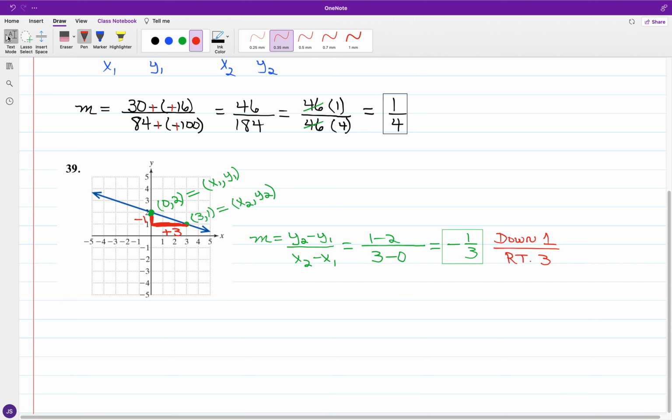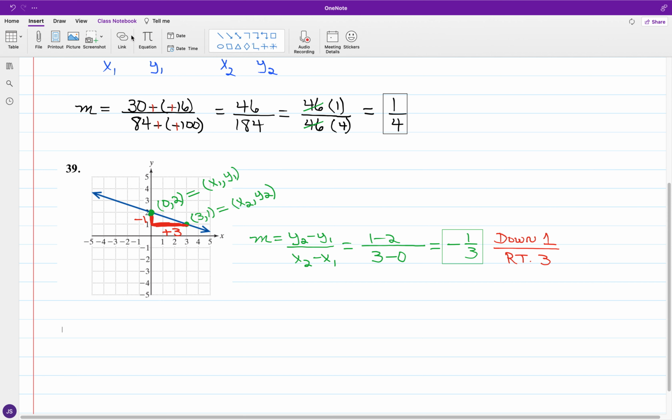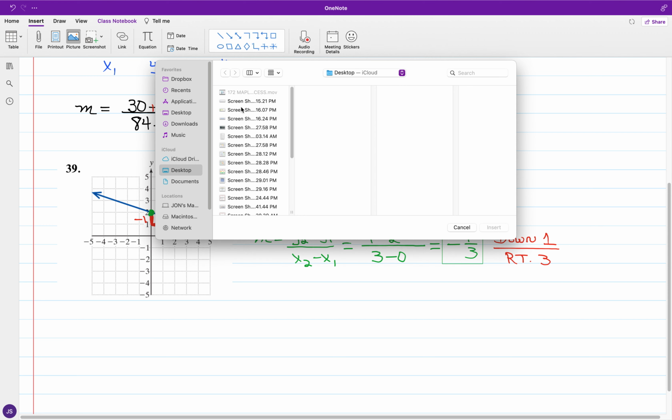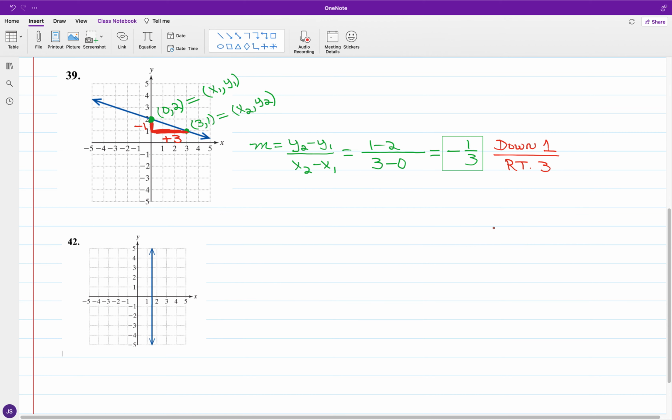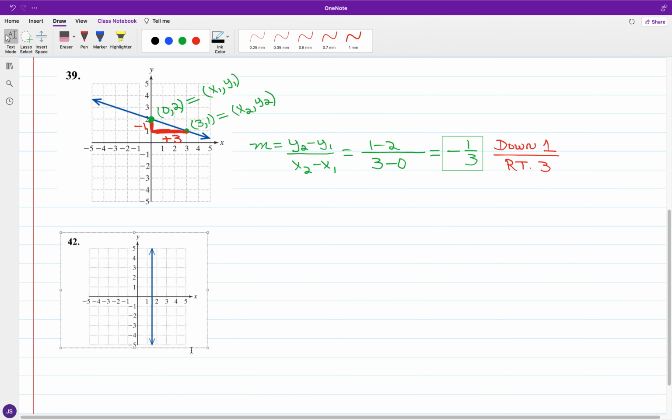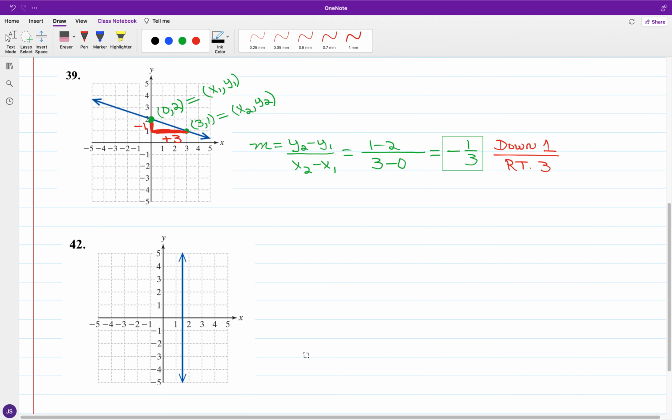Now for the case of number 42, this is going to be a very quick answer item, because in this image this is going to be a vertical line. That means there's no change in the x value.